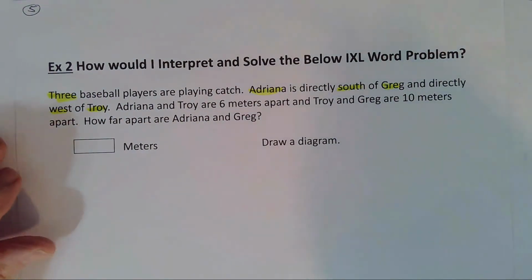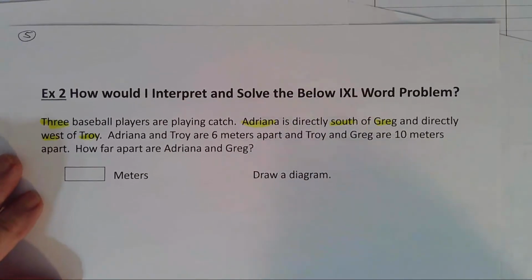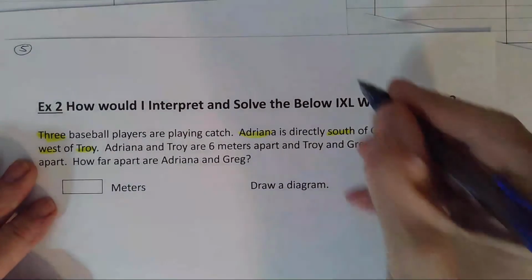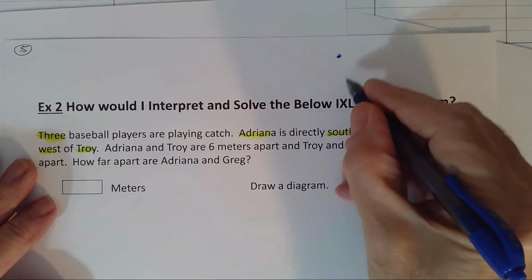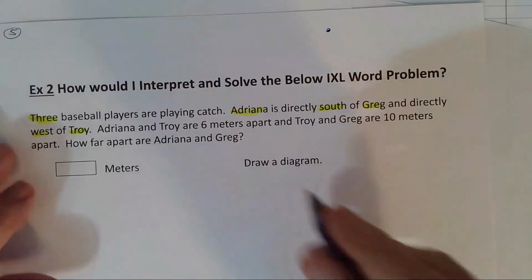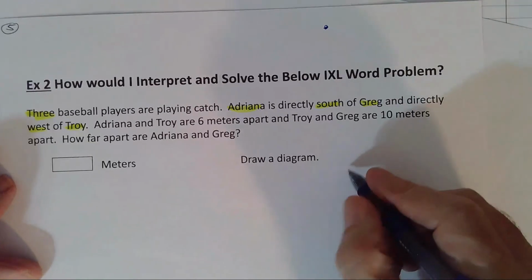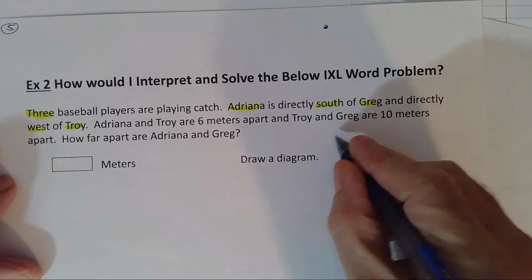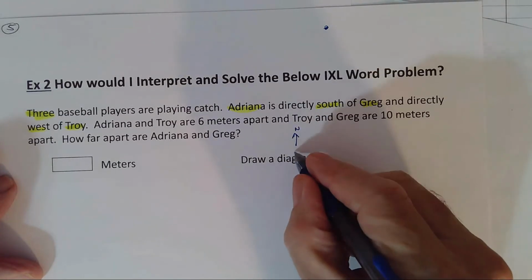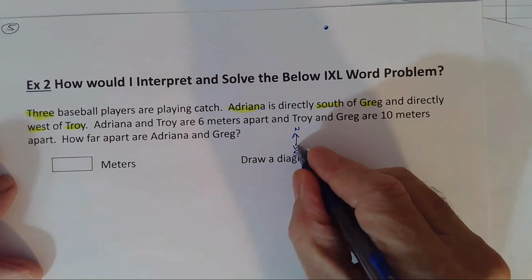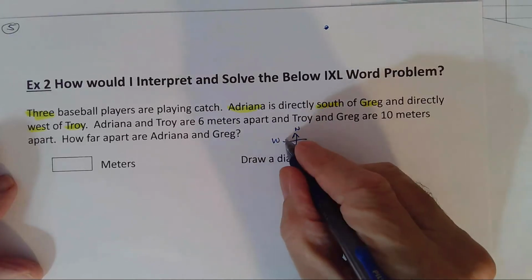So Adriana is directly south of Greg and directly west of Troy. So let's sketch this, okay? Let's do it down here. Draw a diagram. Let me make a little compass rose. So here's north, here's south, here's west, here's east.